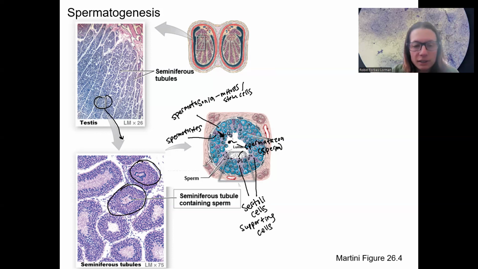The other important cell type is actually in the interstitial space. So as opposed to within the seminiferous tubule, it's outside of that tubule. These are called Leydig cells. You'll also see them called interstitial cells because they're interstitial. These are important though because they produce testosterone.